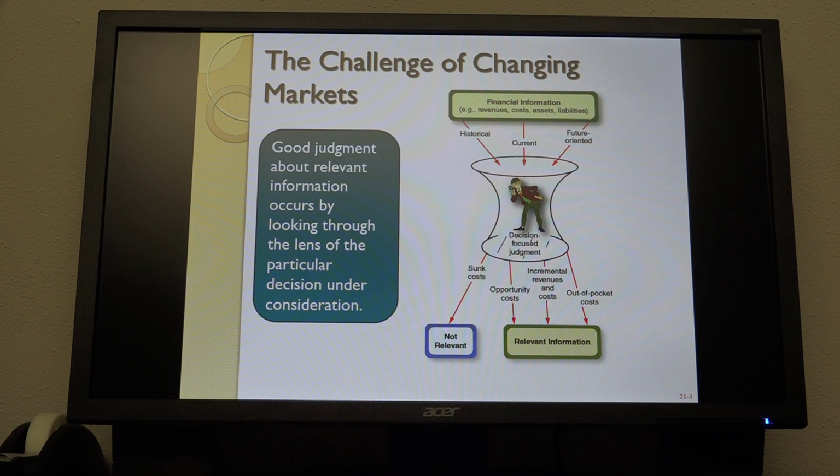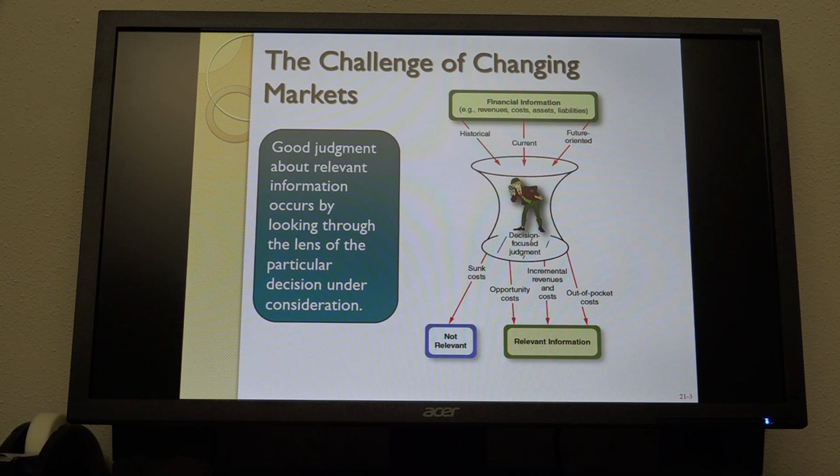As you will see, if a cost is a sunk cost, it's not relevant. It's irrelevant. If the cost is an opportunity cost, out-of-pocket cost, whether now or in the future, or if it's an incremental revenue and related cost, it's relevant.